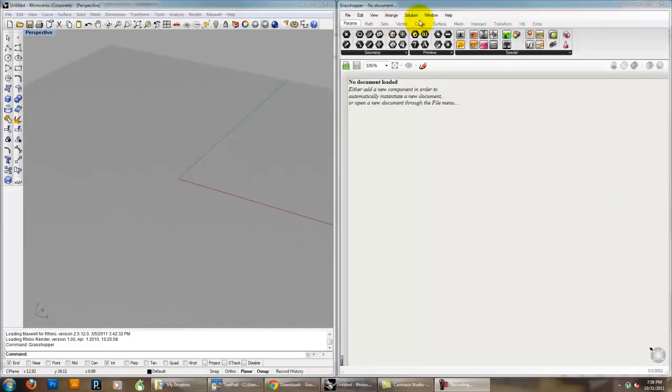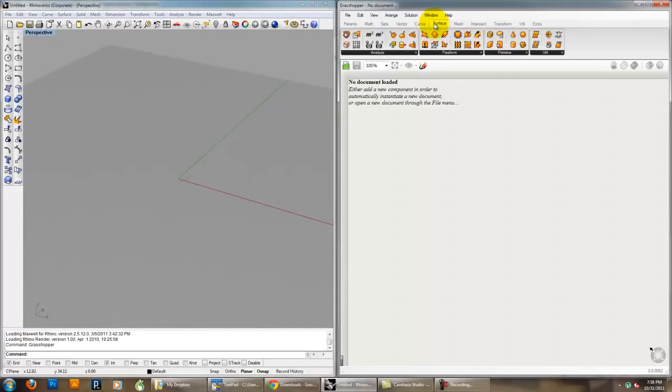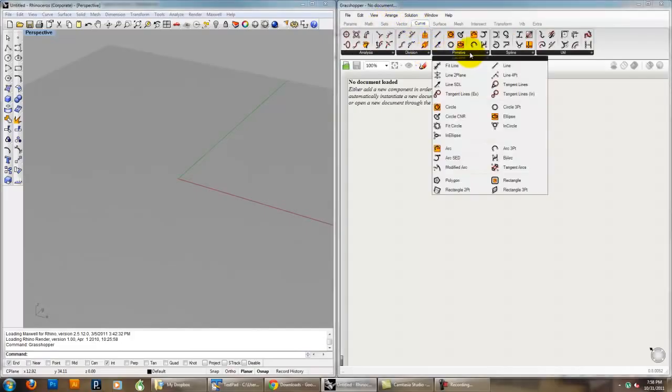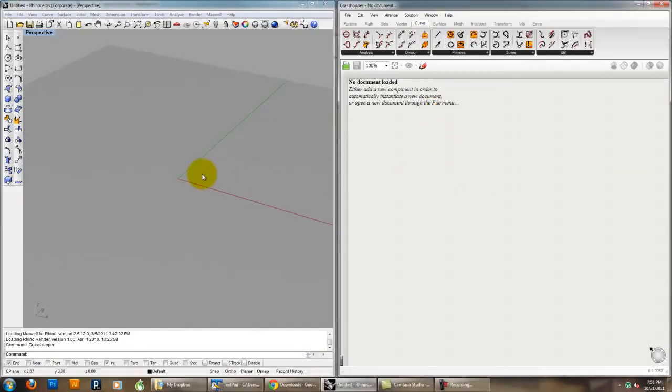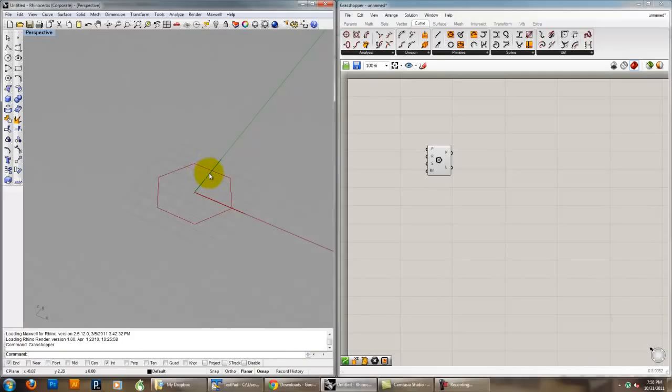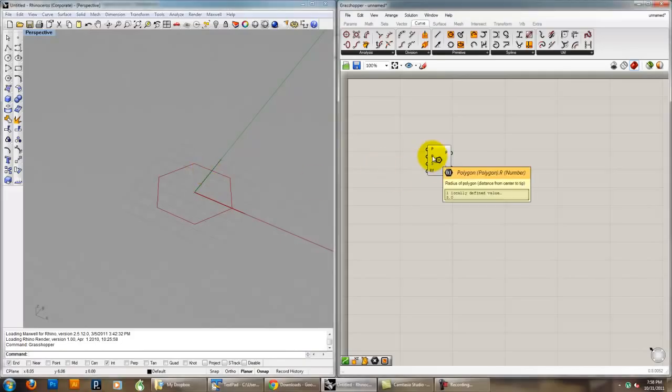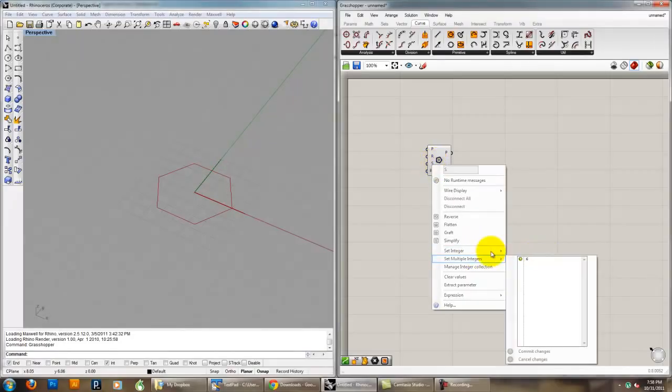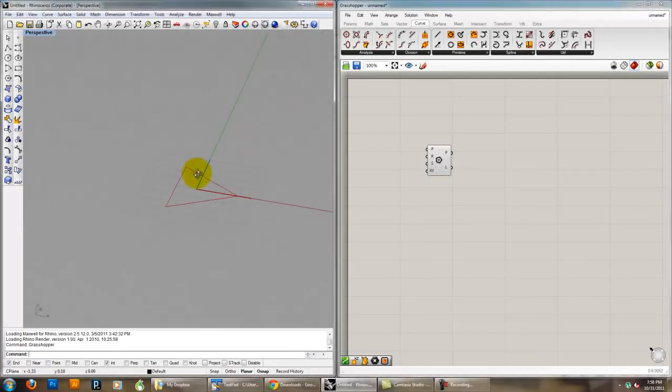So just real quick, I'm going to go ahead and start off with something like a polygon, so we can actually see what it is we're doing. Start with a primitive, put a polygon onto the stage here, and I'm going to set that to 3-sided, and that's going to let me see some direction here.